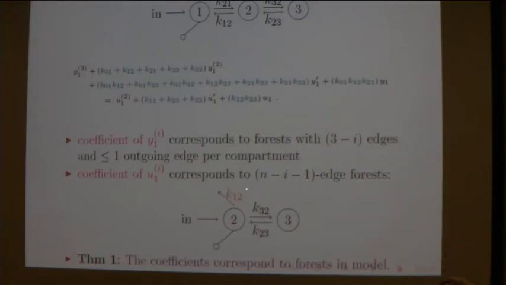And this k12 all of a sudden turns into a leak, basically. Okay. So again, on the u side too, we also are basically taking sums. Each of the coefficients corresponds to some forests in this model. Okay. So that's our first theorem, that each of these coefficients corresponds to forests exactly in the manner that I described. Okay.